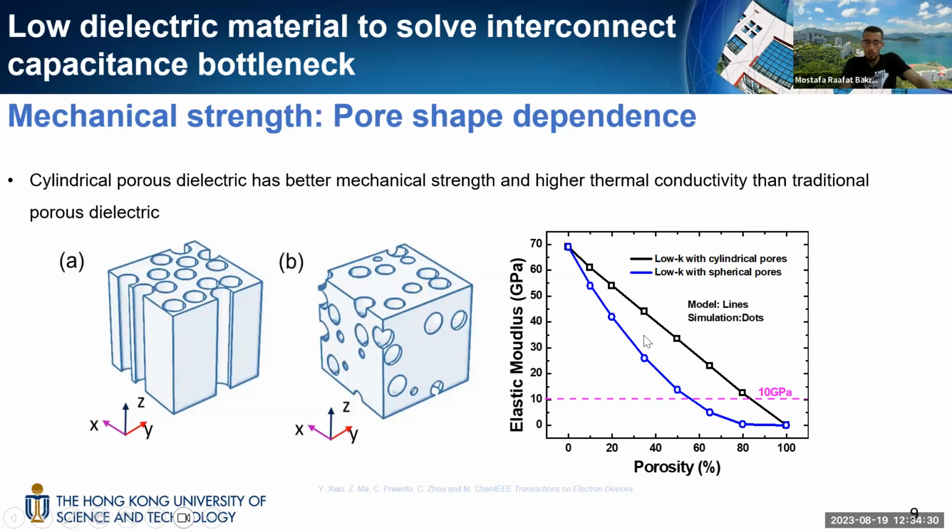With a simulation, it shows that the elastic modulus is higher for this one, and the mechanical strength is higher. So this can increase the amount of porosity that we can add into the dielectric and stay in the safe limit for the mechanical strength. So we can have a lower K dielectric material and still have better mechanical strength.